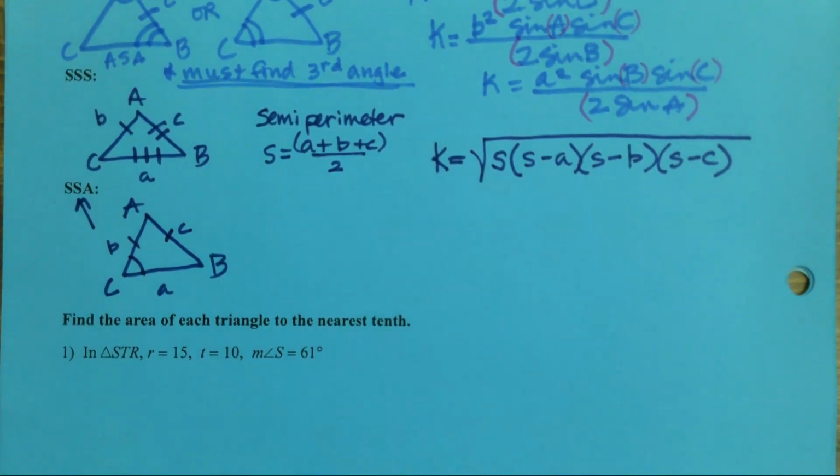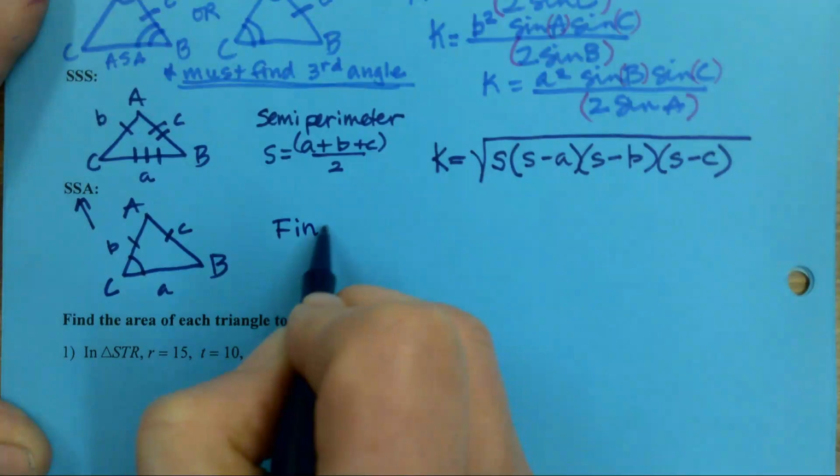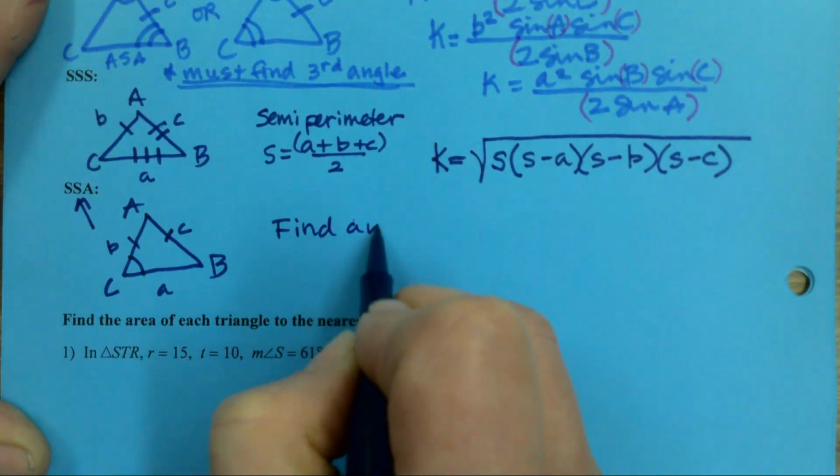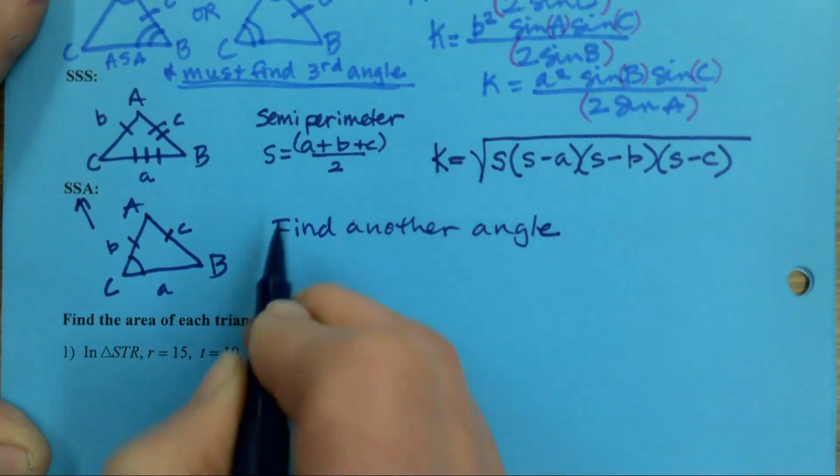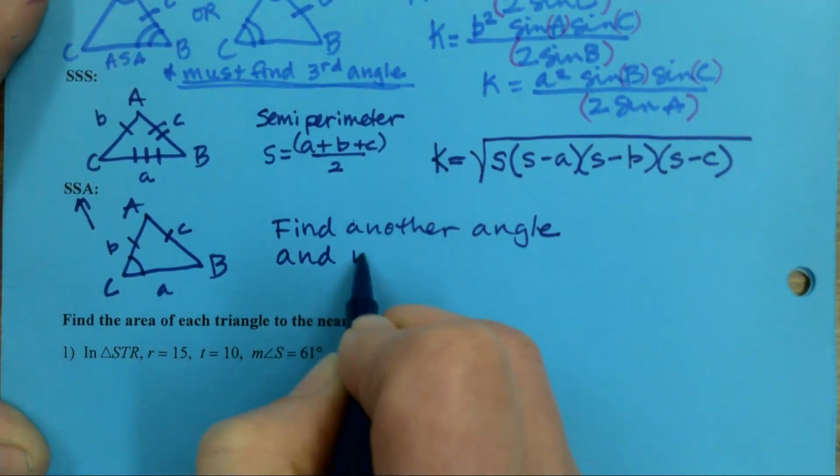And the only way that I can find an area for this is to find another angle and use one of the other formulas.